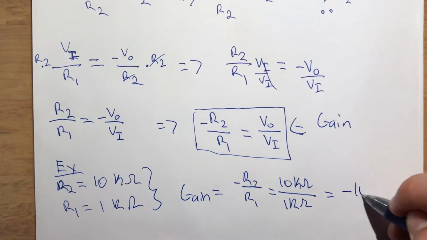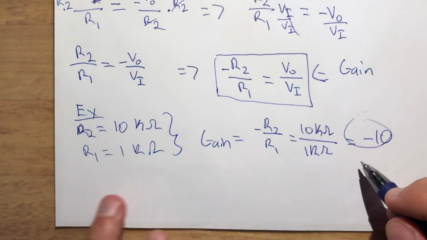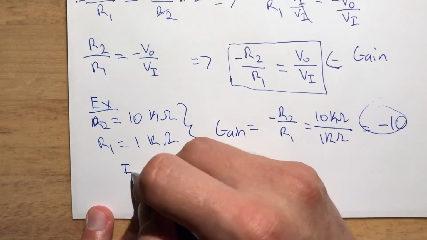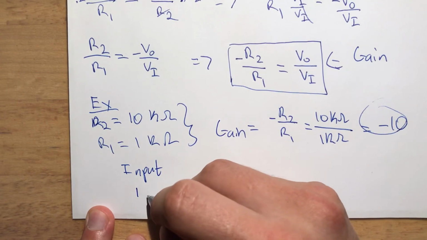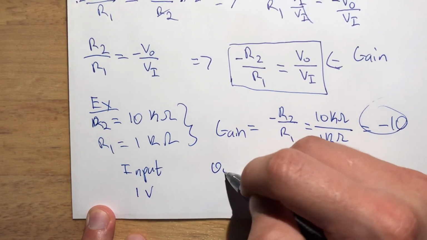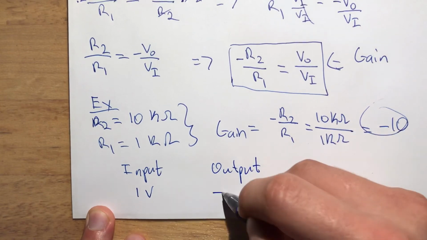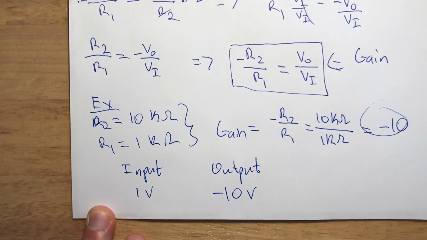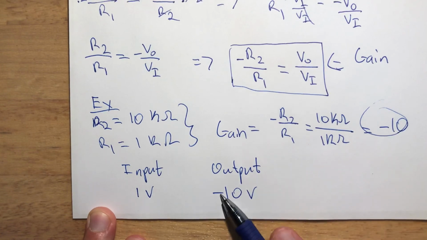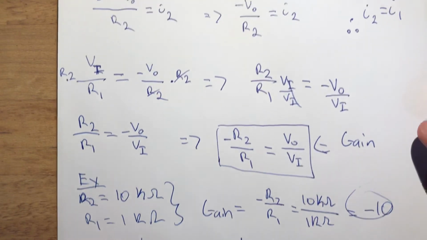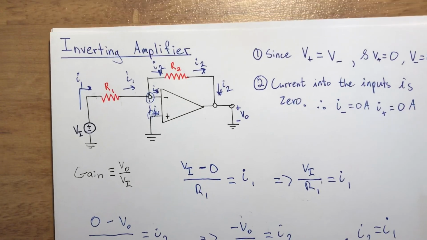The gain is going to be negative 10. What does that mean? That means if you input, let's say, 1 volt, then your output will be negative 10 volts. You input 1 volt, it's going to get amplified by 10, and it's also going to have a negative sign. So that's the inverting amplifier.